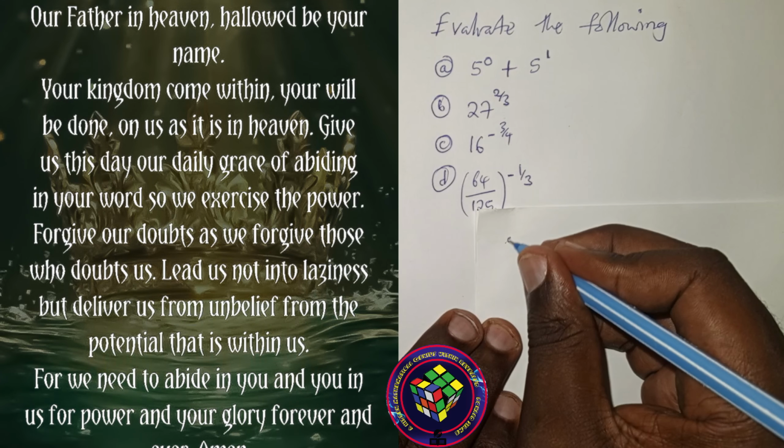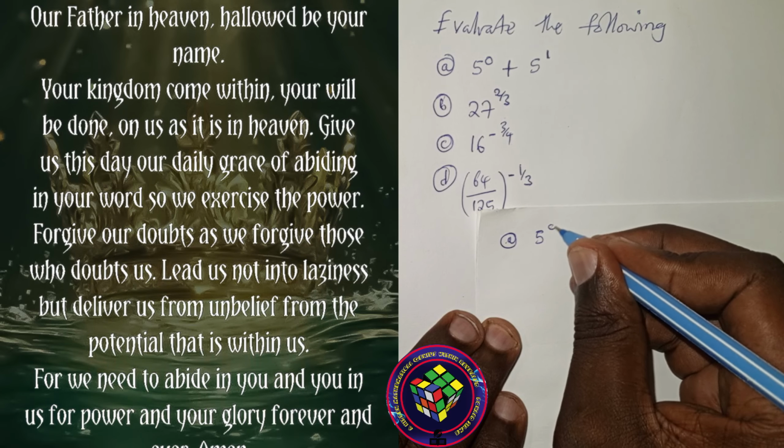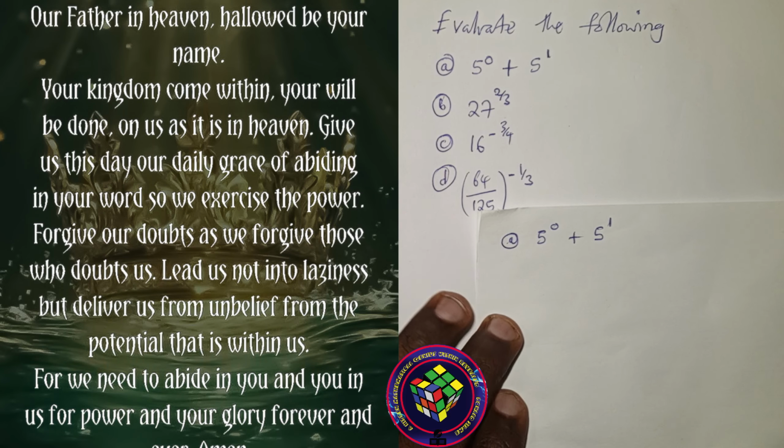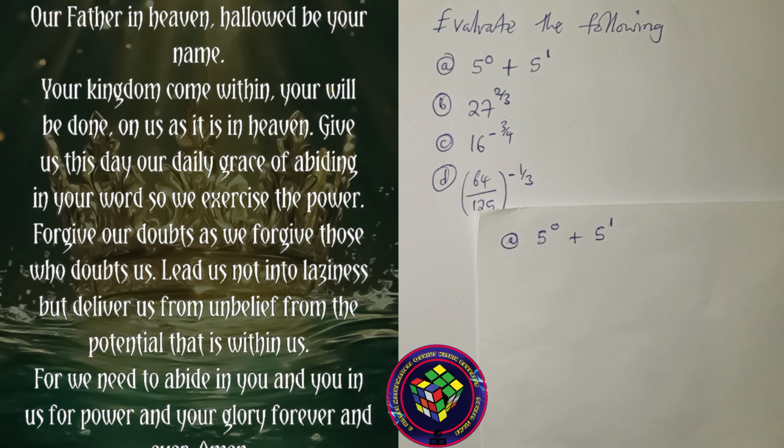Okay, that is A. 5 to the power 0 plus 5 to the power 1. According to the rules of indices, always remember that any number except 0 raised to the power 0 is equal to 1.